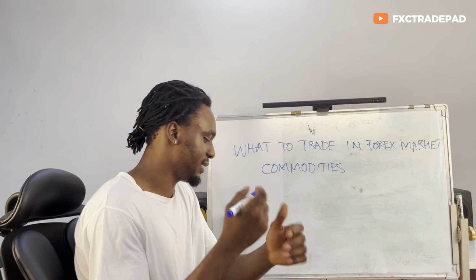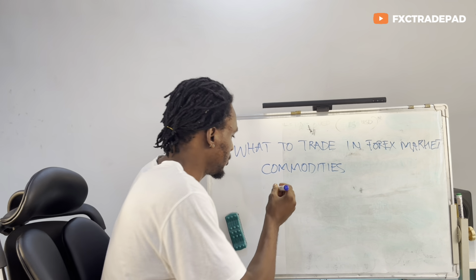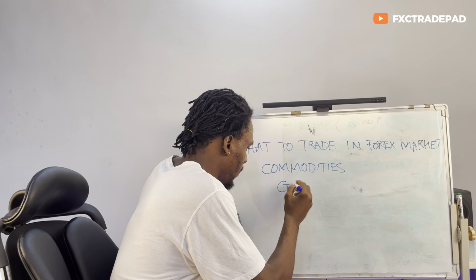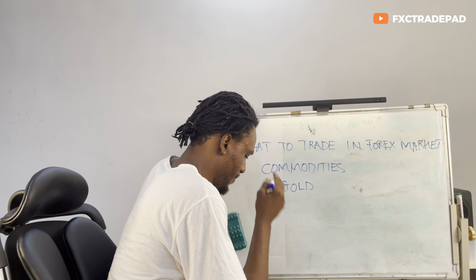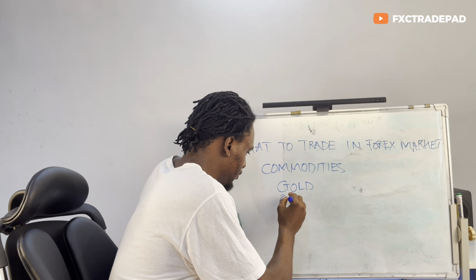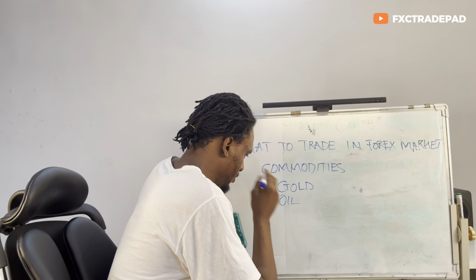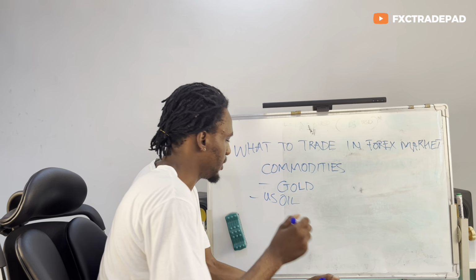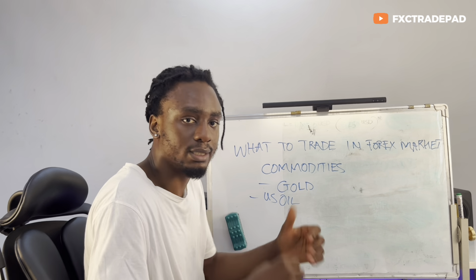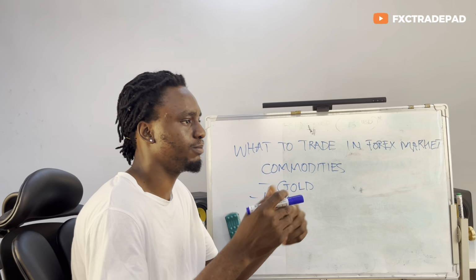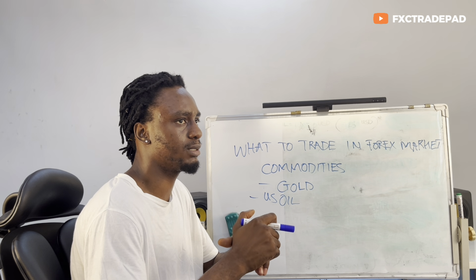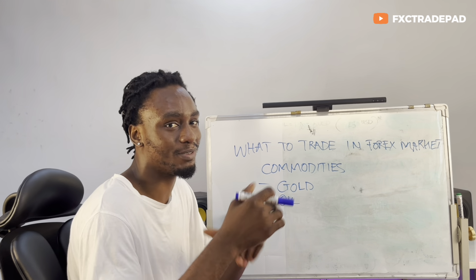All right. Now, commodities are things that are not legal tender but have value. So what are these things? For an example, I'm just going to list two: gold, oil. So we have it as US oil. So these two, gold and US oil, are commodities. I think back in the days people used gold as legal tender.